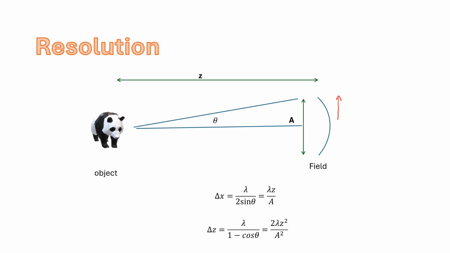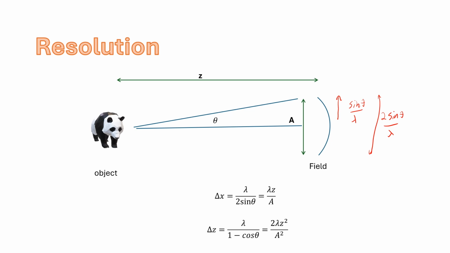The spatial frequency at the edge of the angle is sine theta over lambda. If we take the full extent of this slice of the Fourier transform, it has an extent of 2 sine theta over lambda. So that would be the maximum spatial frequency in this slice. The corresponding transverse resolution would be 1 over that, so lambda over 2 sine theta.